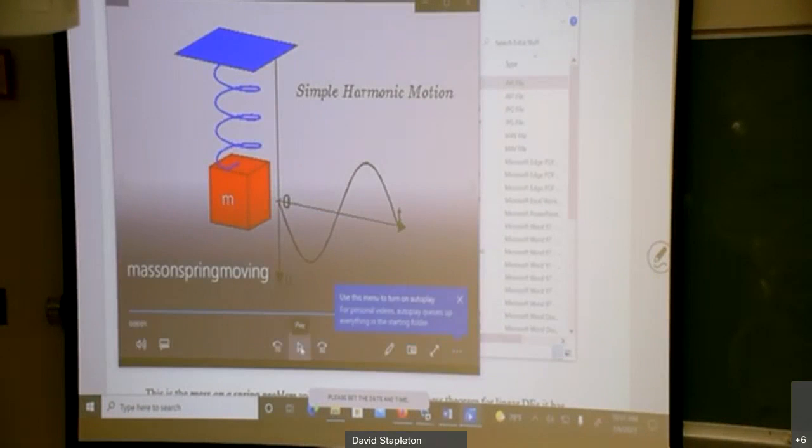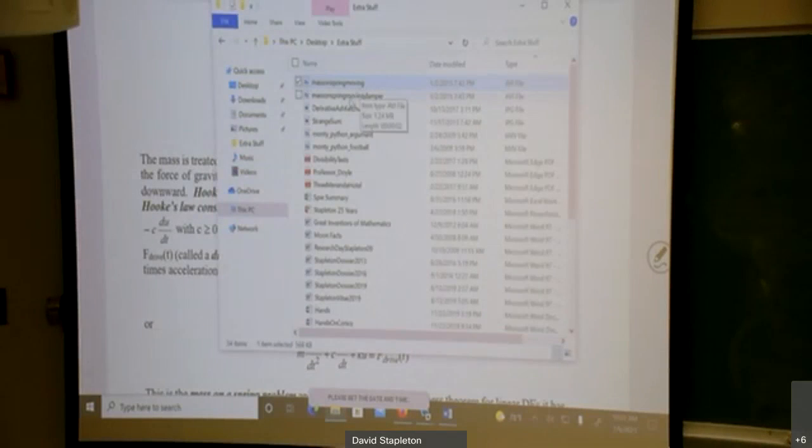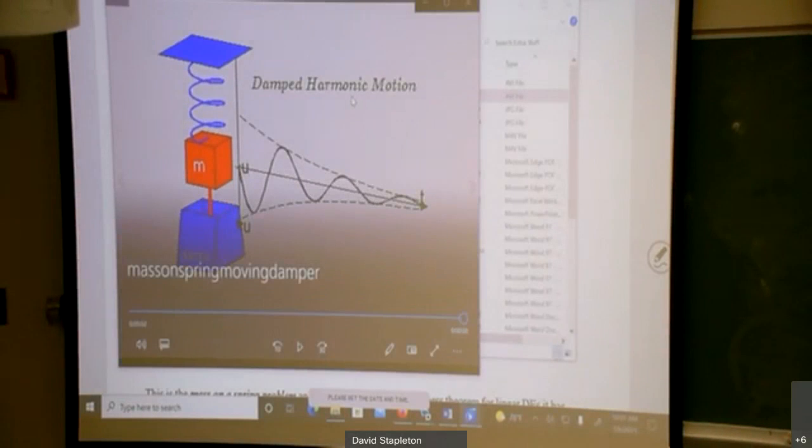Now, what's going to happen if we attach a damper to it that opposes the directional velocity, with resistance proportional to velocity? Here's what you get. There's my dashpot damper down here.